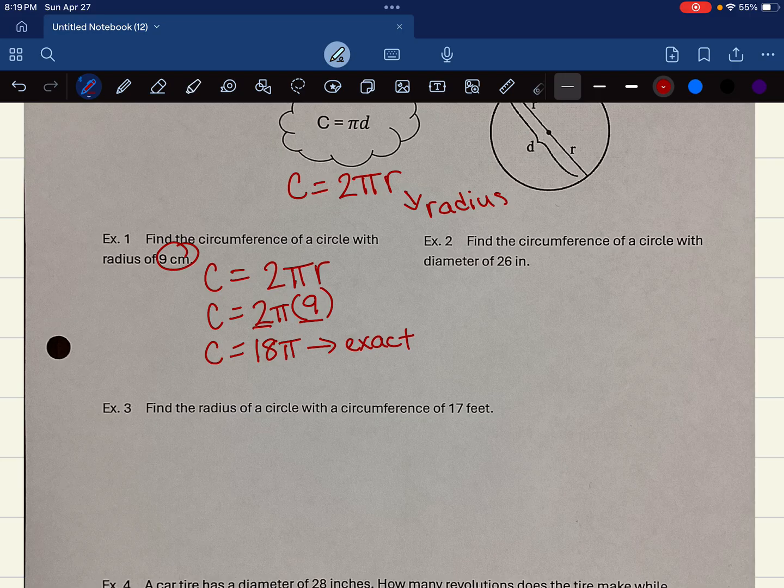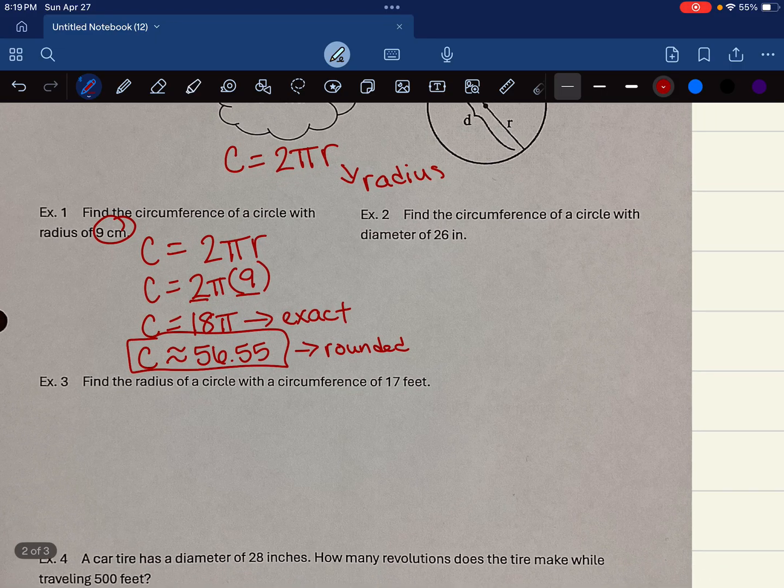If it wants a rounded answer, you would type in your calculator 18 times pi, and you would get 56.55. So this would be a rounded answer. On most of these problems, I'll be giving you both an exact answer and a rounded answer.